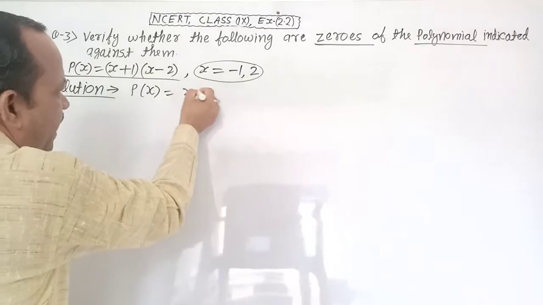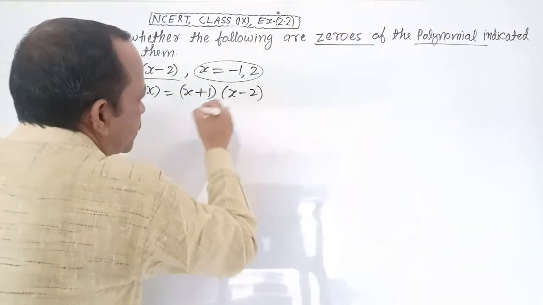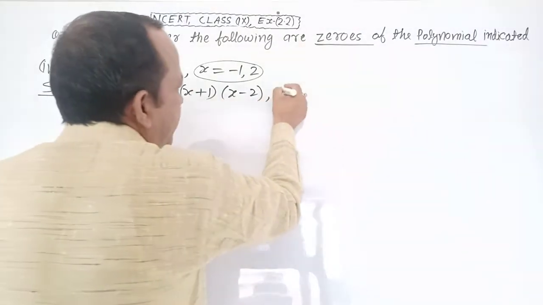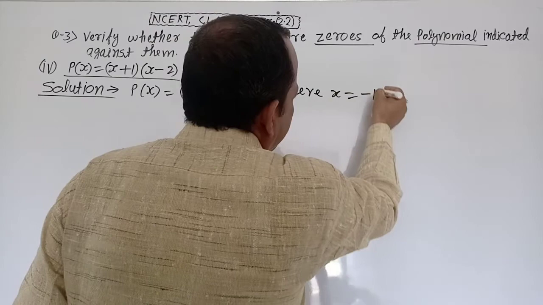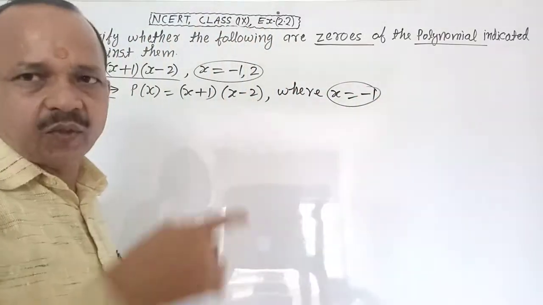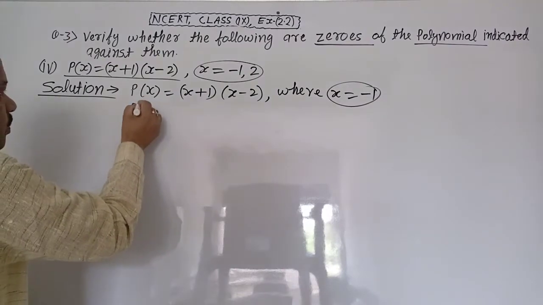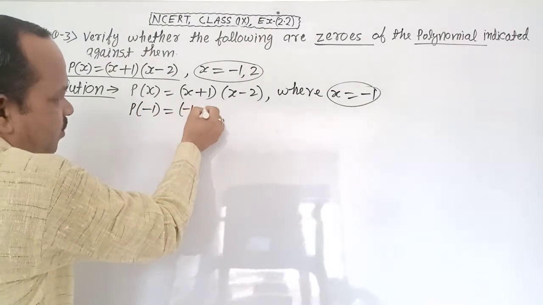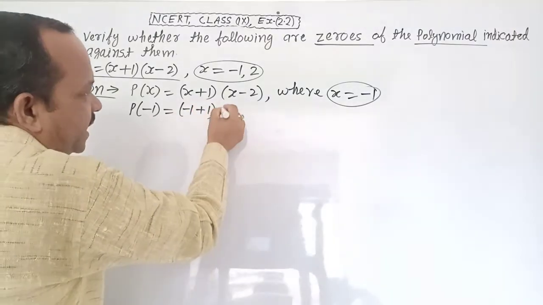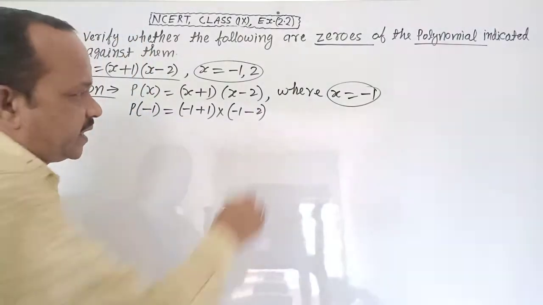p(x) equals (x plus 1) in first brackets, (x minus 2) in second brackets. Here x equals minus 1. Now p(minus 1) equals (minus 1 plus 1) in first brackets, (minus 1 minus 2) in second brackets.